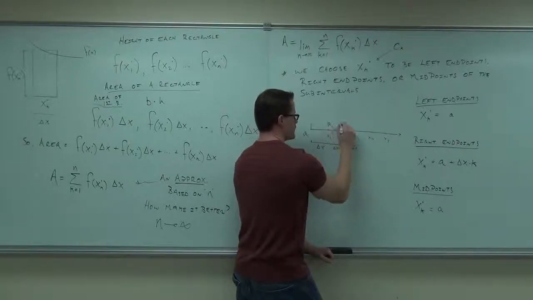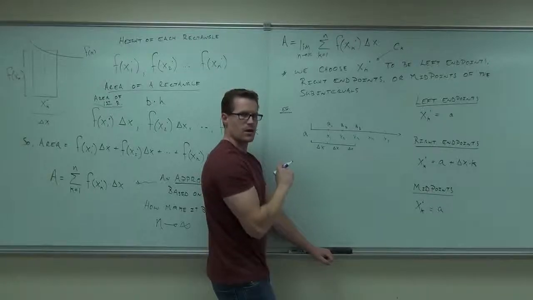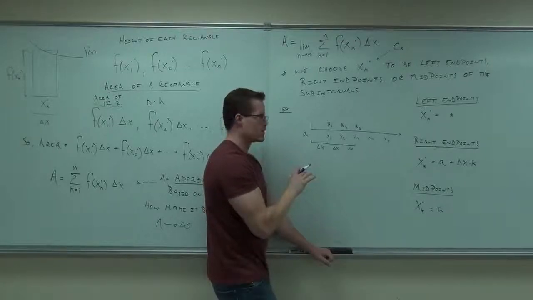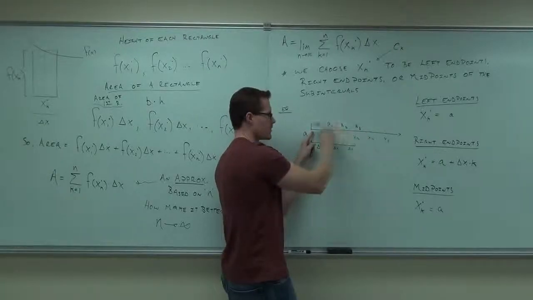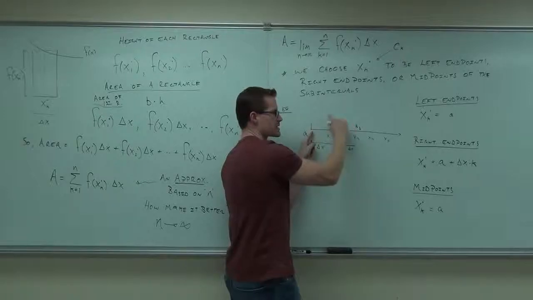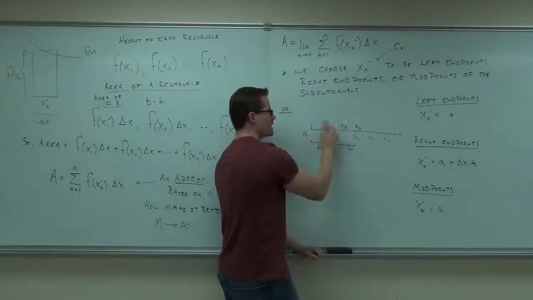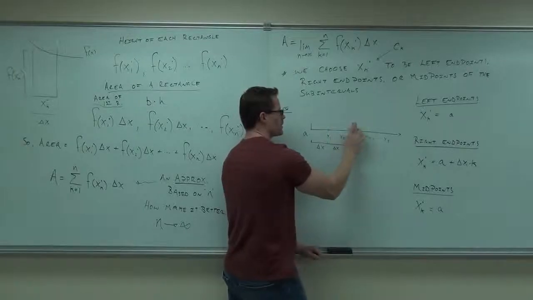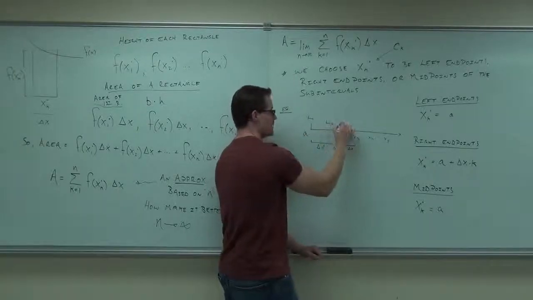Right 1, right 2, right 3. You get it? Right endpoints would be a plus delta x for the first one, a plus 2 delta x for the second one, a plus 3 delta x for the third one, a plus delta x times k for any of them. That's right endpoints. Left endpoints would do this. Left 1, left 2, left 3.